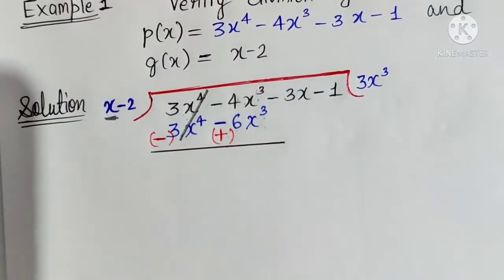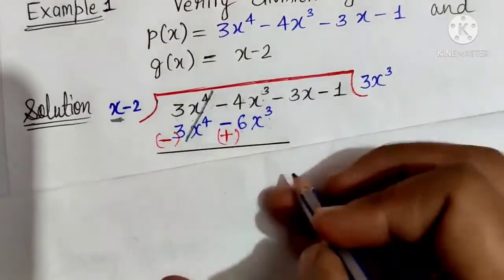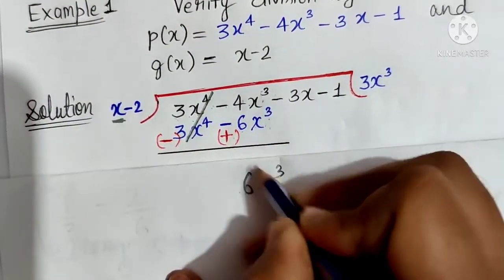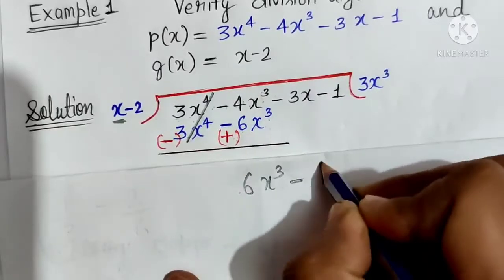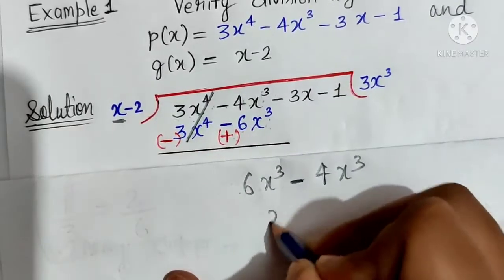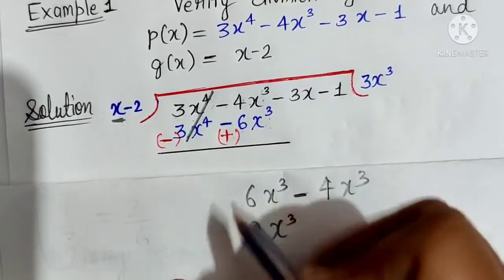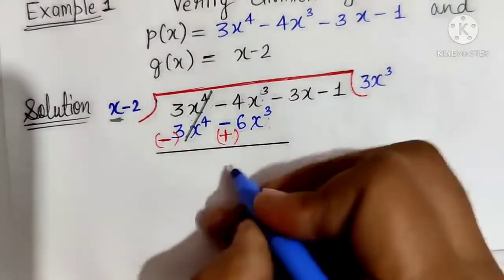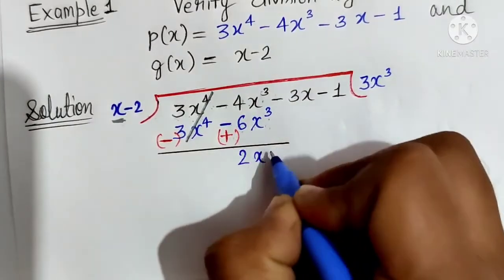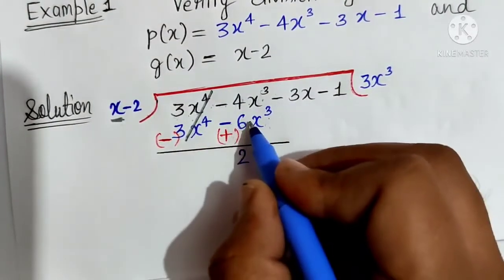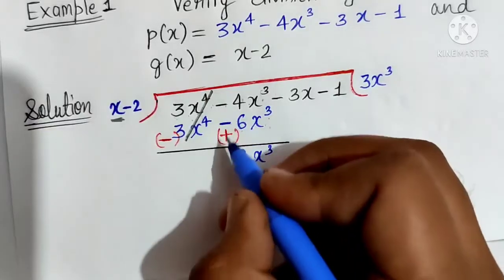Just check here, what is this? It is 6x cube minus 4x cube. So x cube will come x cube only. 6 minus 4, how much is left? 2. So it will come here 2x cube. Okay, so we can write here 2x cube. What sign? Plus sign, because plus 6 is greater than minus 4.